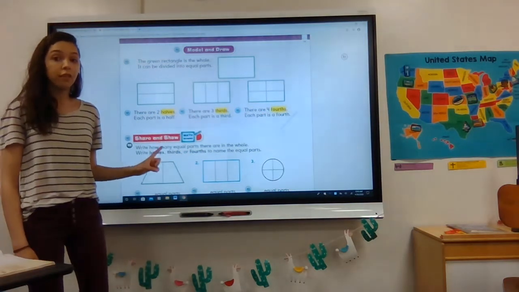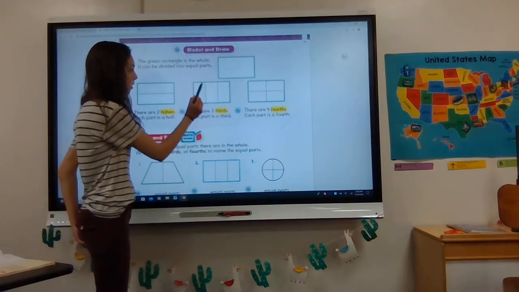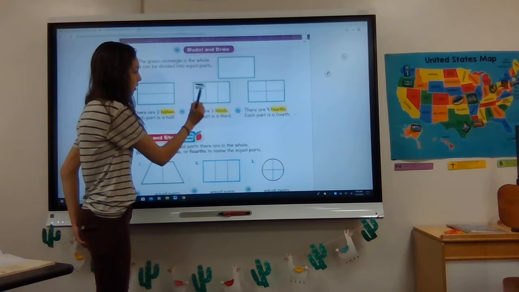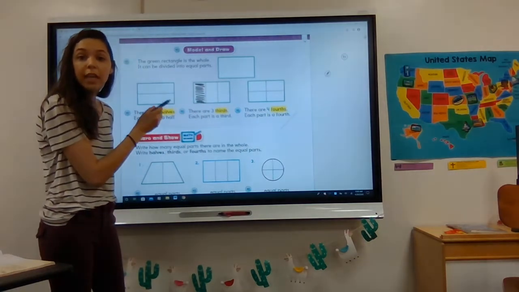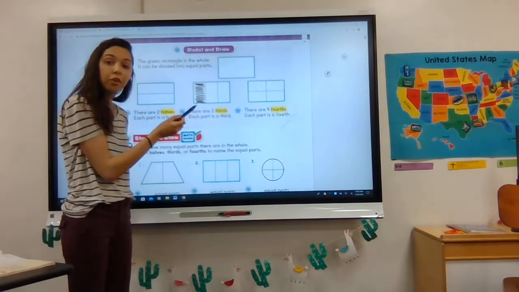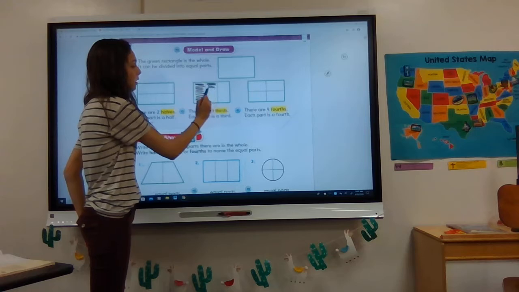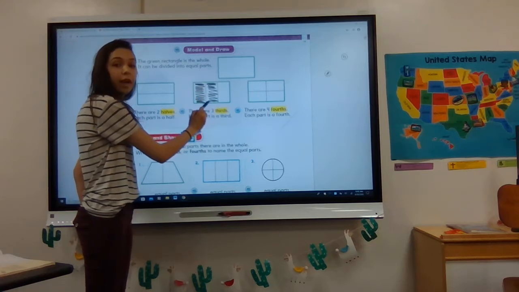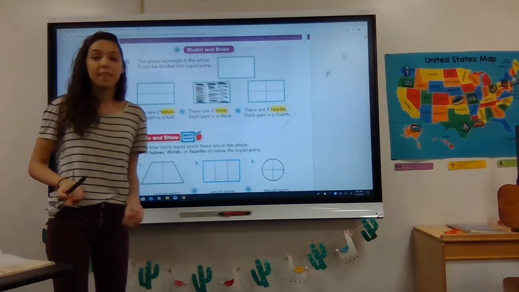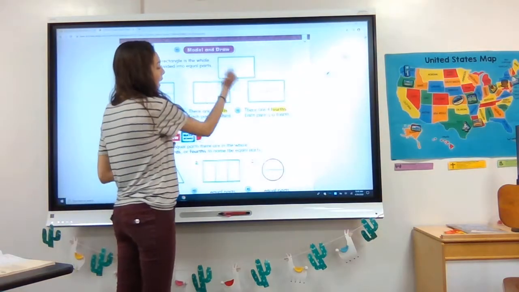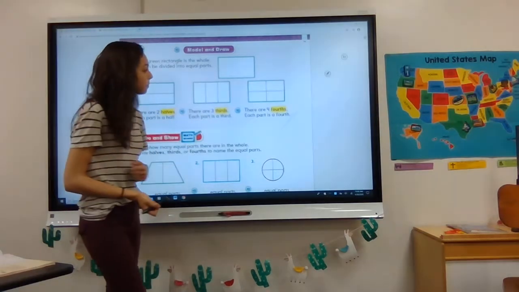Each part is a third. So if you took this away, this one that I've just colored in is 1 third. That's a third. And that's a third. So I have 1, 2, 3, 3 thirds.